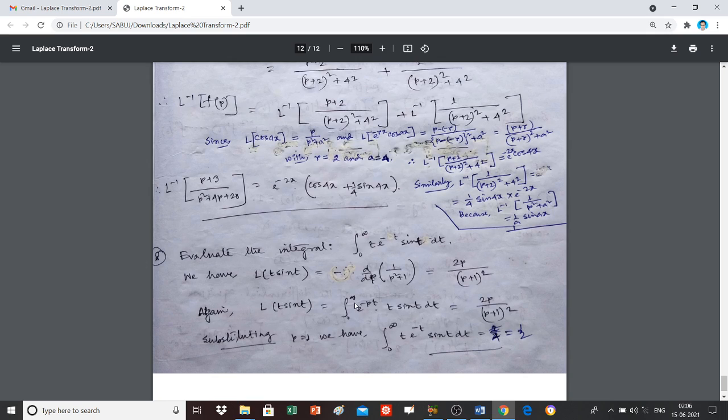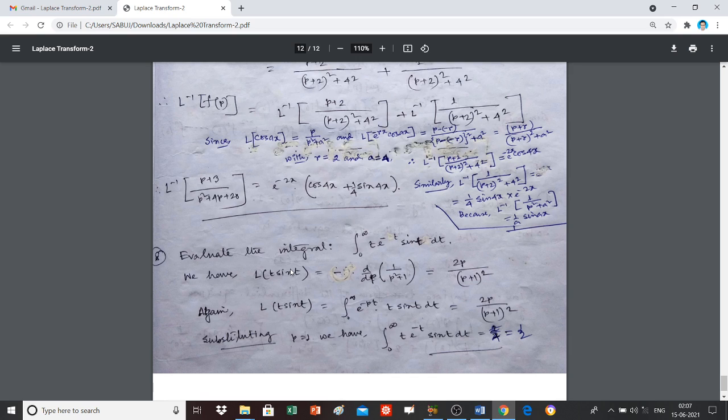Another problem is here: evaluate the integral from 0 to infinity of t e^(-t) sin t dt. You know that the Laplace transform of the function t sin t is equal to (-1)^n d/dp of the Laplace transform of sin t.